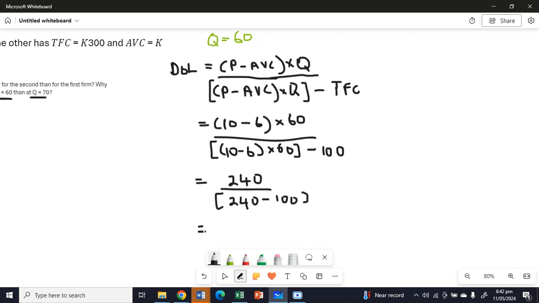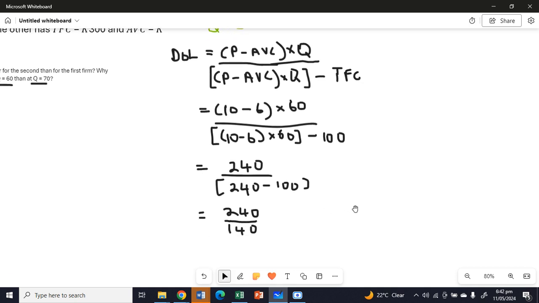So we get 240 over 140. 240 divided by 140, what did we get? 1.7. That's our degree of operating leverage.